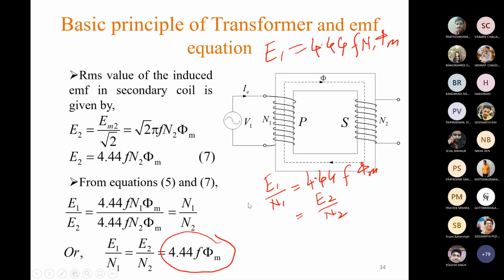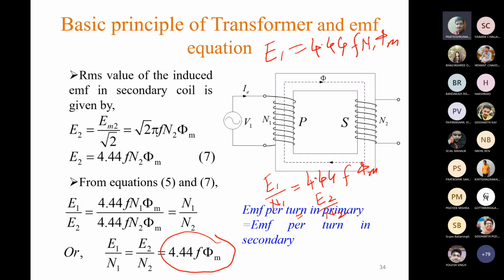So we can write EMF per turn in primary is equal to EMF per turn in secondary. Is it clear? Yes, sir. Anyone having any question up to this, related to this basic principle of transformer?